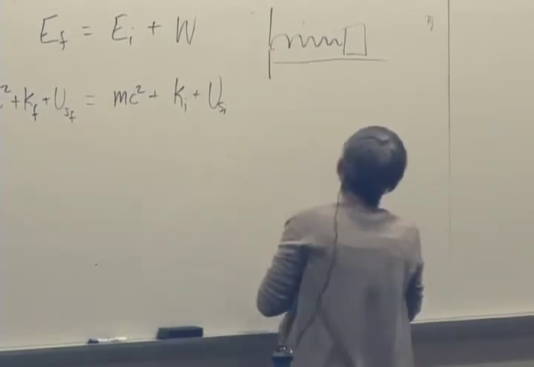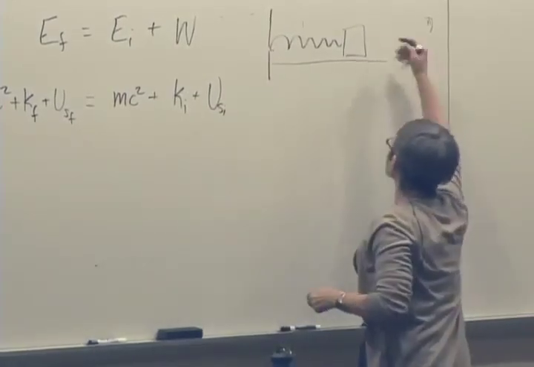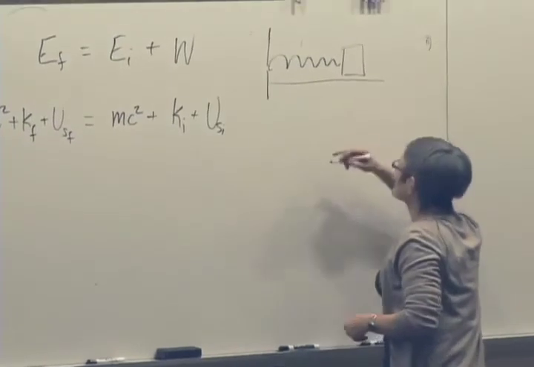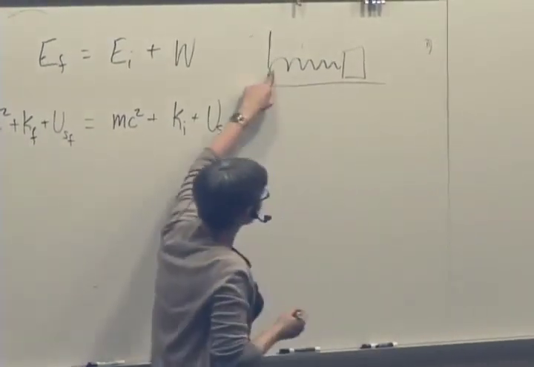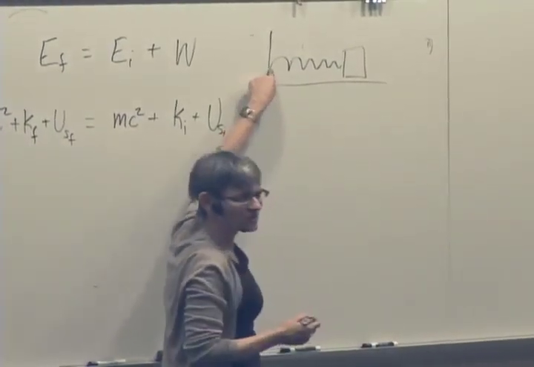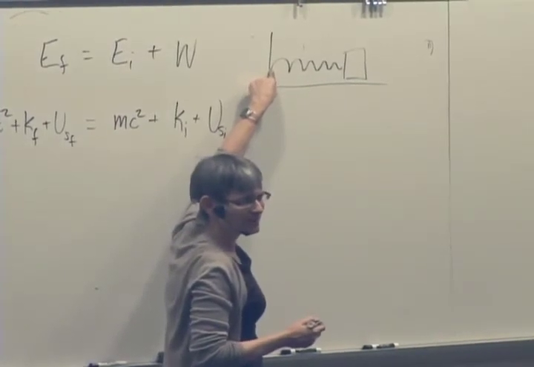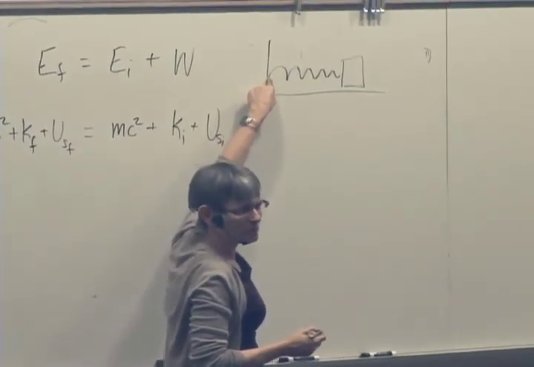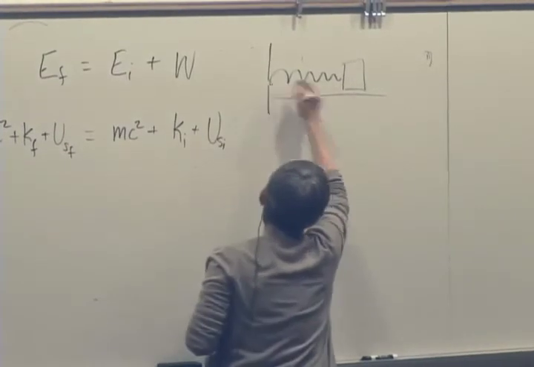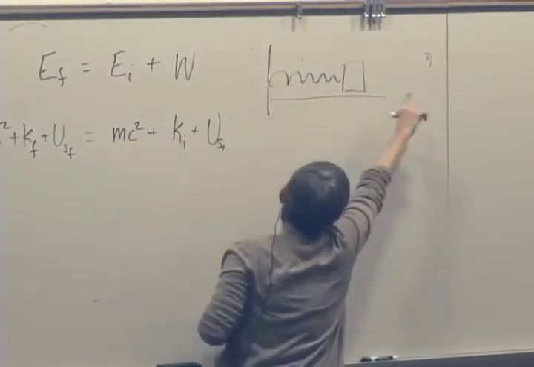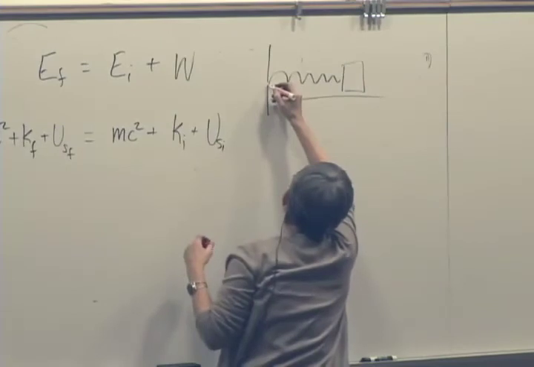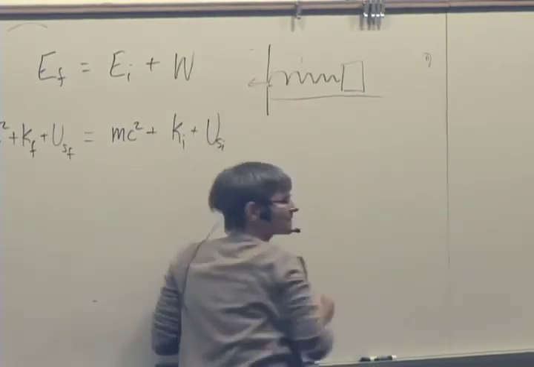So if we've stretched the spring, what's the direction of the force exerted by the wall? Well, there's a force, isn't there? If the spring is stretched, the wall must be pulling on it.